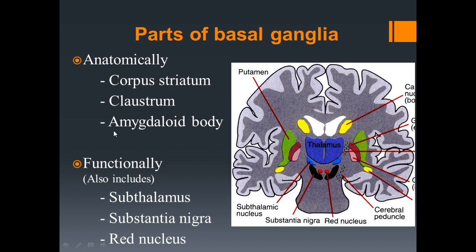And functionally, in addition to the above three structures, there are the subthalamus, the substantia nigra, and the red nucleus.